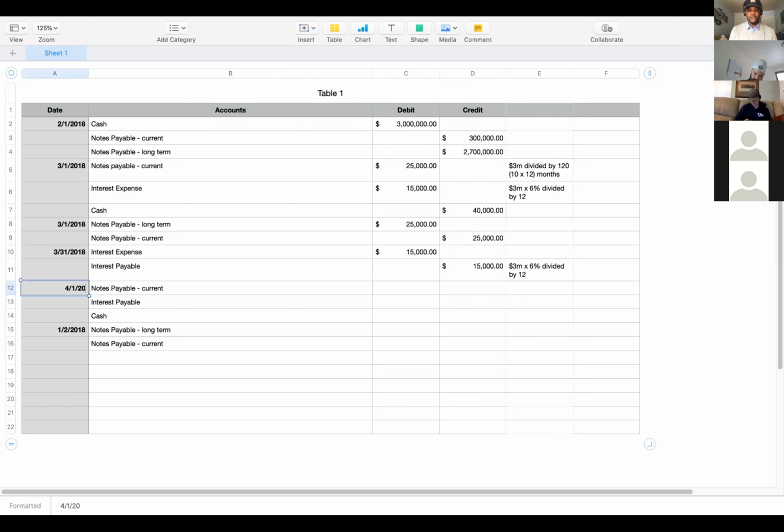And then on the following day, when we make another payment, we're paying our principal of 25,000. We're paying off our liability of 15,000, costing us 40,000.